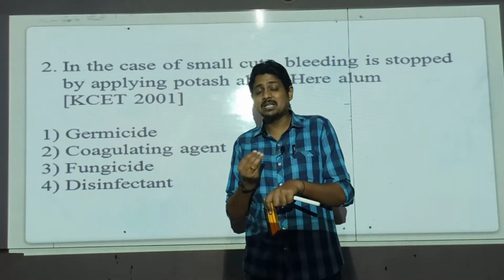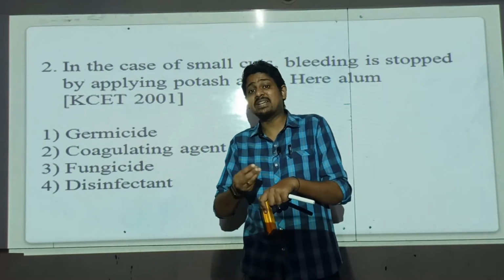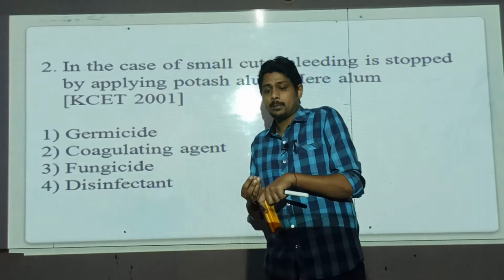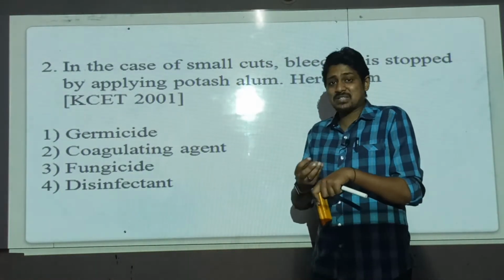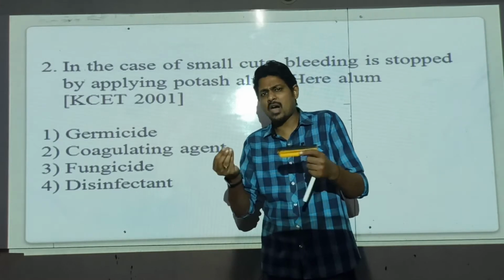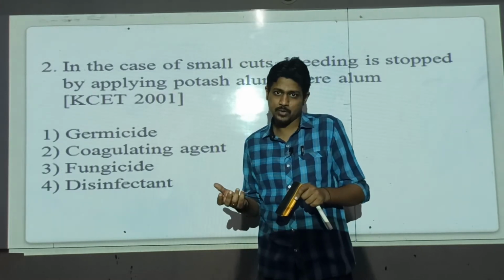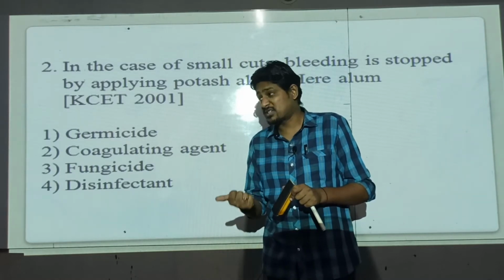Why? We know that the blood thickens at that part. When I say the blood is getting thickened, it means some precipitation is happening. You have seen the precipitation, which means the blood cells are getting precipitated.